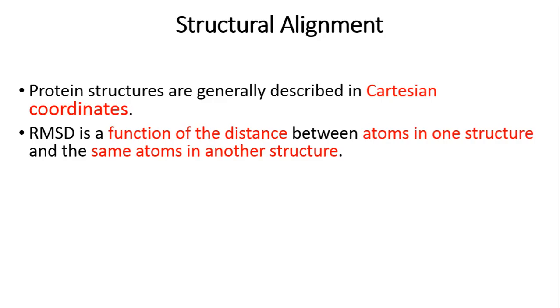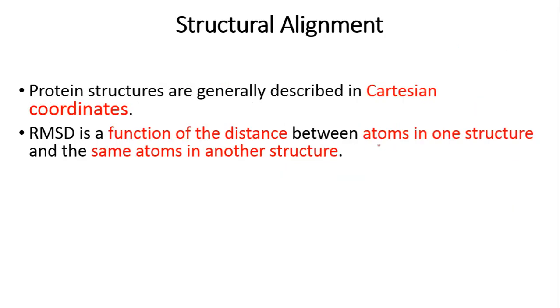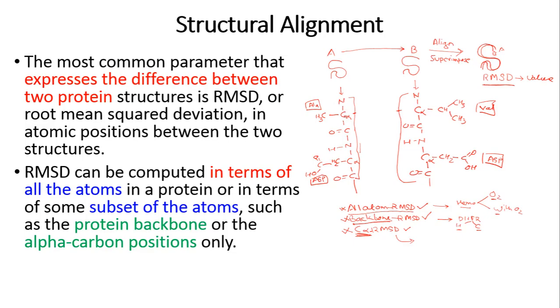to a discussion where I would tell you how these RMSDs are calculated. Okay, so now we are in common agreement that these protein structures are generally described in Cartesian coordinates. So for both the proteins, whatever atoms are involved in your protein molecule, for each atom we have the respective x, y and z coordinate.